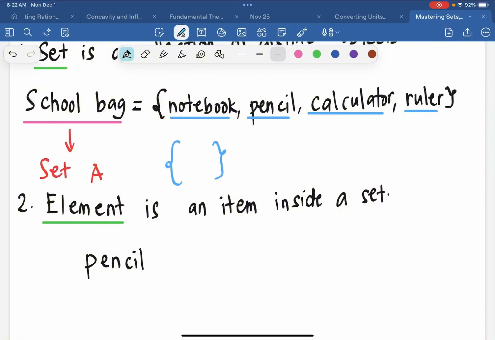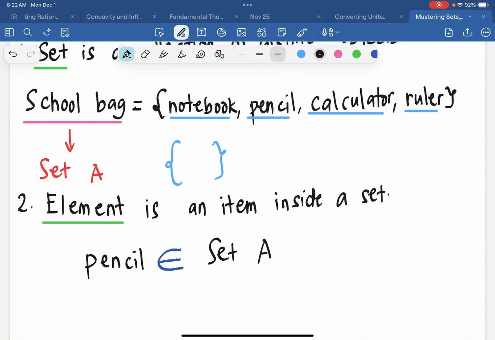The symbol for having an item as an element of a set is like this. It looks like a capital letter E, but like that.